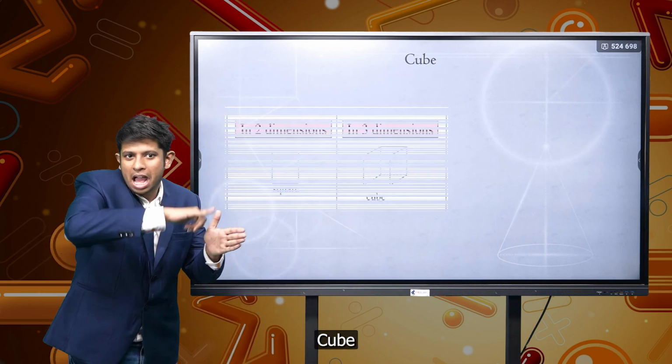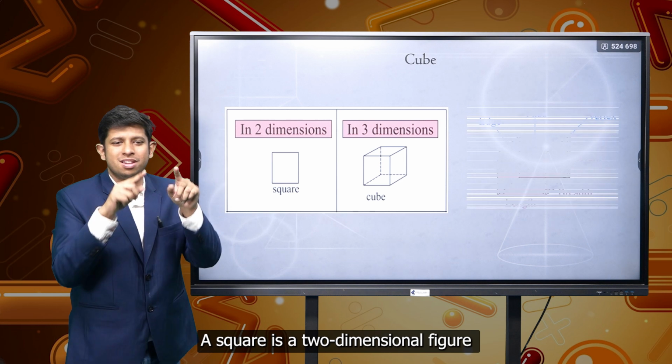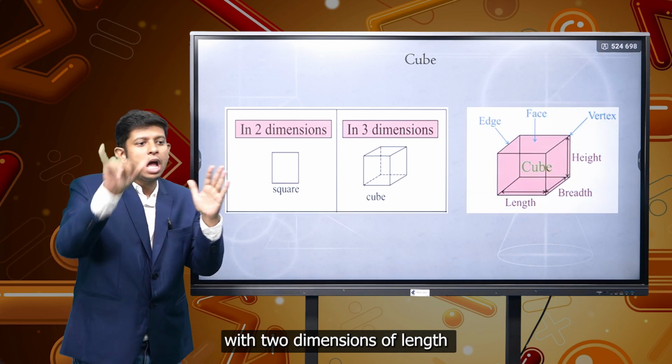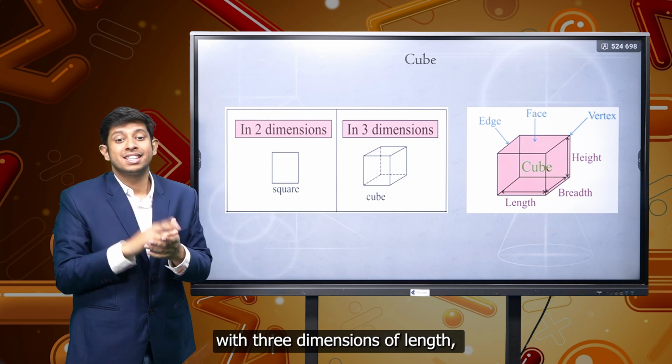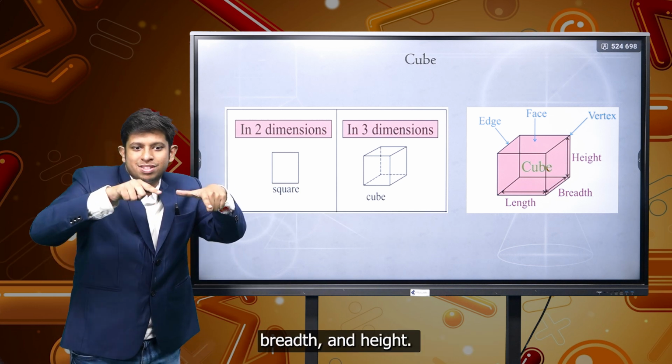Cube. A square is a two-dimensional figure with two dimensions of length and breadth, while a cube is a three-dimensional figure with three dimensions of length, breadth and height.